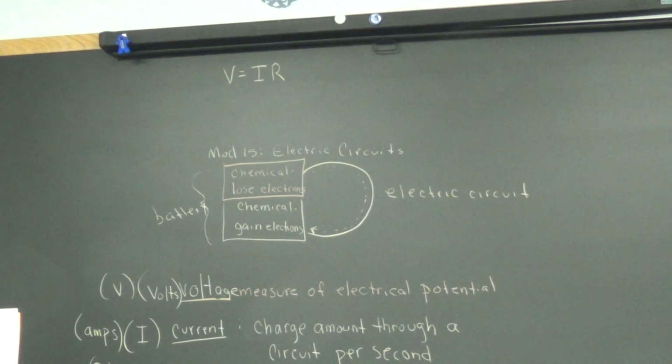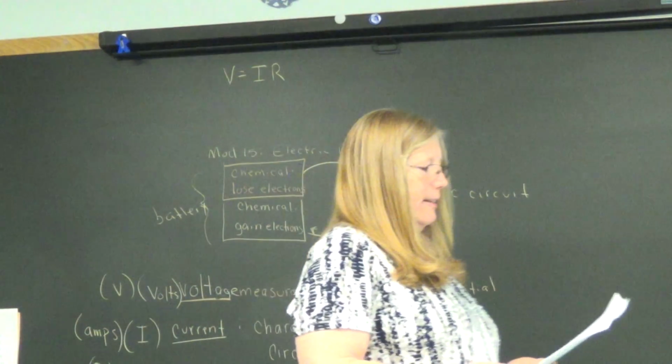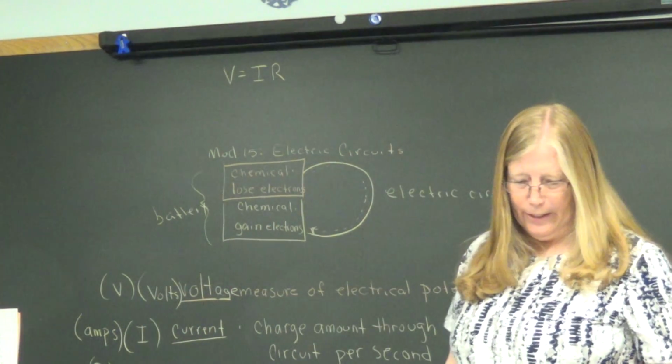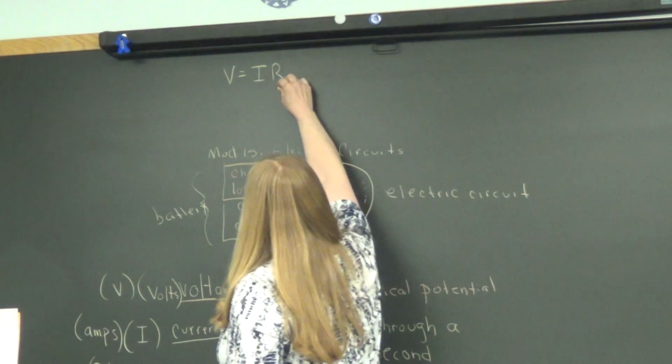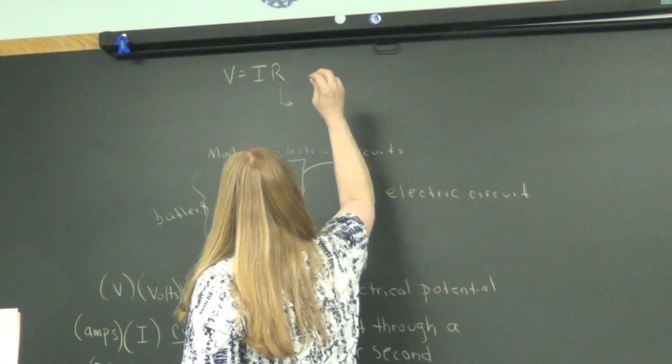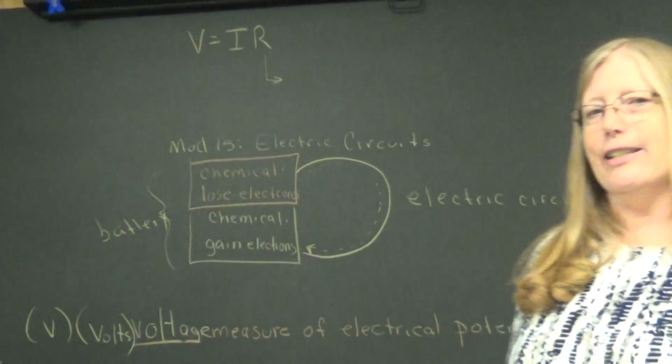So before I give you a problem, which is coming up, let's talk about resistance just a little more, and that is what would cause a lot of resistance and what would cause a little resistance.